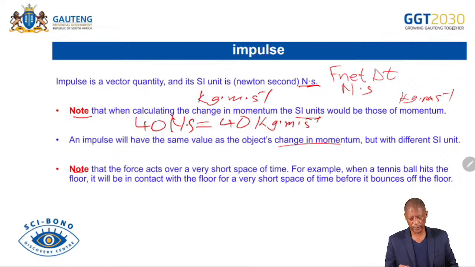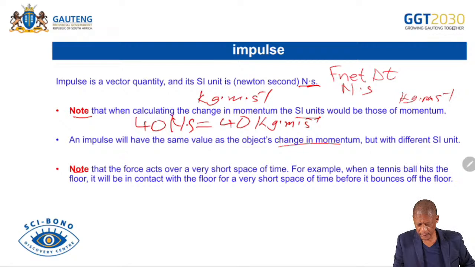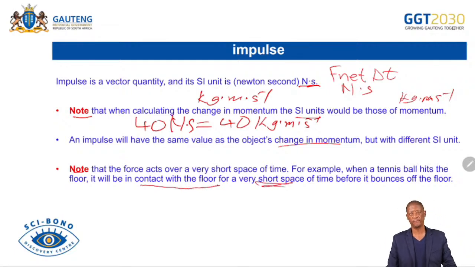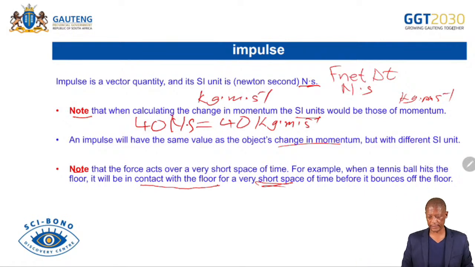For example, when the tennis ball hits the wall, it will be in contact with the wall for a very short period of time. That doesn't mean it just stays there. It's going to be a contact, yes, but a very short period of time. Then it starts bouncing back, right?